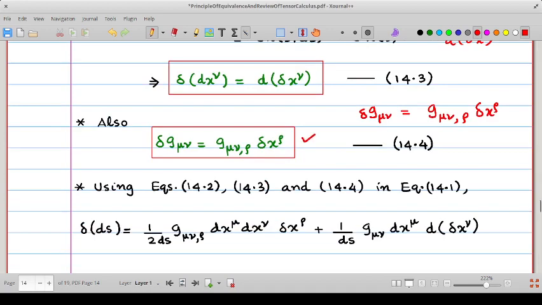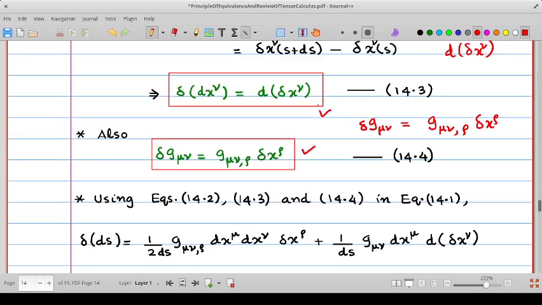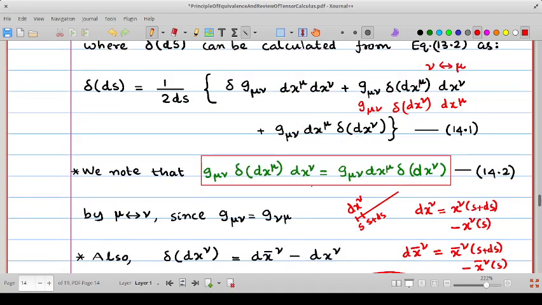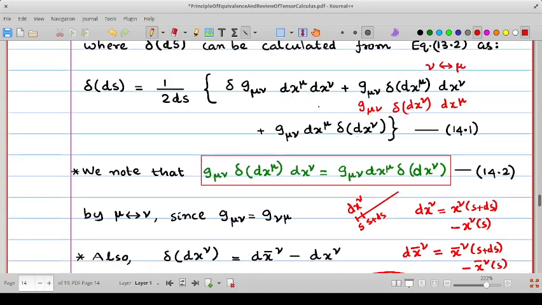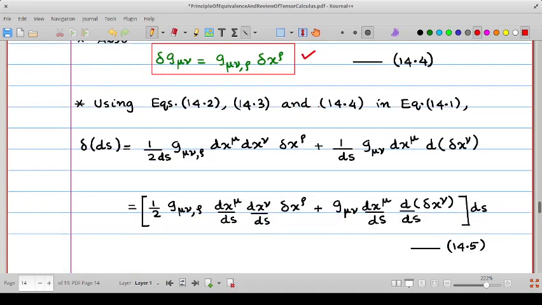And substituting this equation and this identification, we have delta of delta ds equal to 1 by 2 ds, and then this is given by g mu nu comma rho times delta x rho times these quantities dx mu and dx nu, and that is what we have written here.